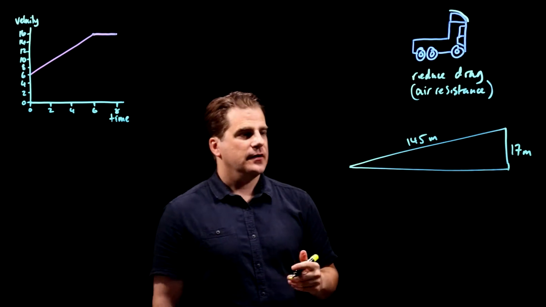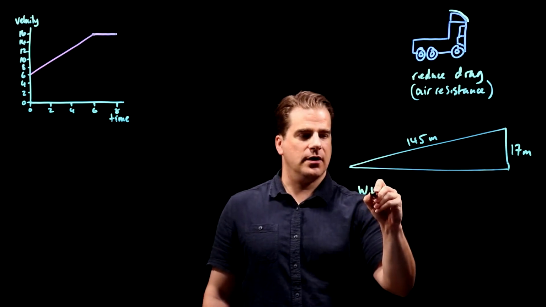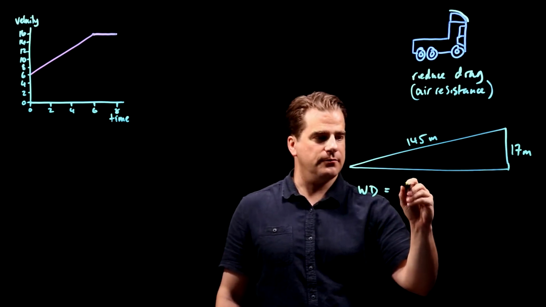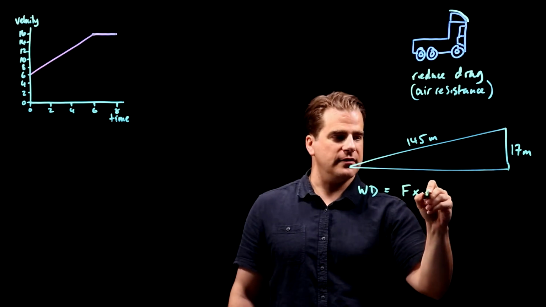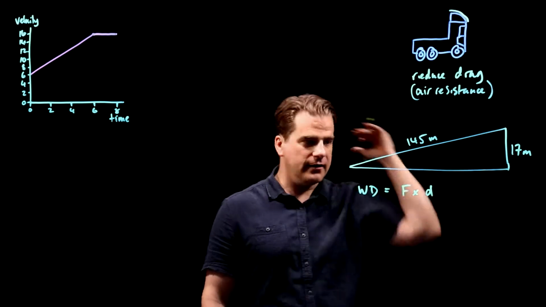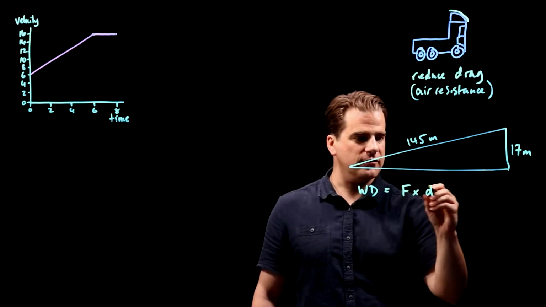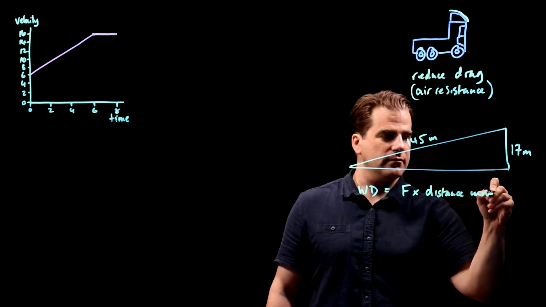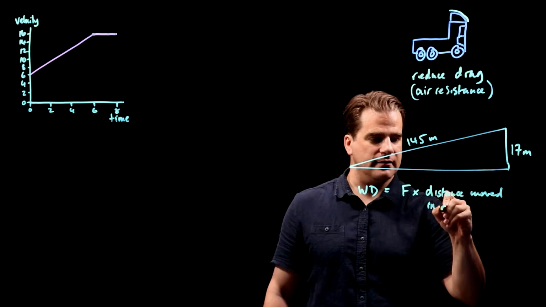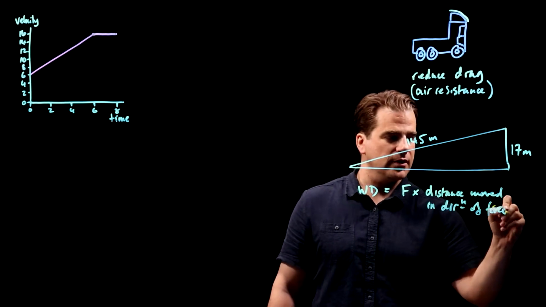So to write it out, you would say that work done is equal to the force times distance moved in the direction of the force.